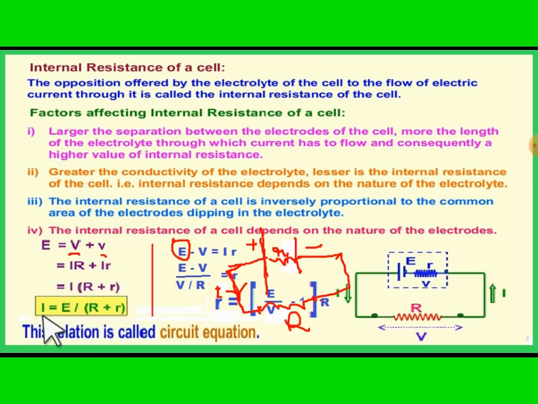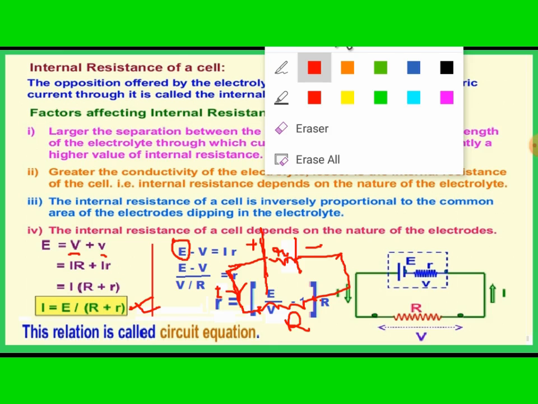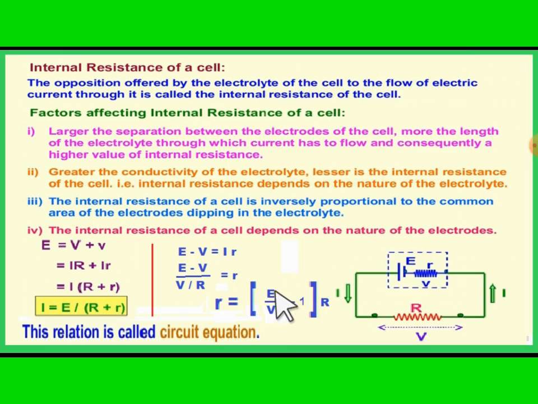So the relation between your current, internal resistance, EMF and the external resistor will be given by this relation. And if you want to relate the internal resistance in terms of EMF and potential difference, then it will be like this.